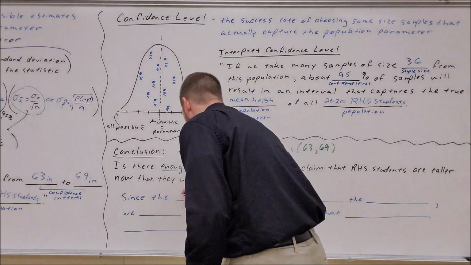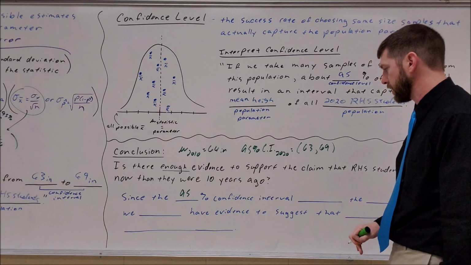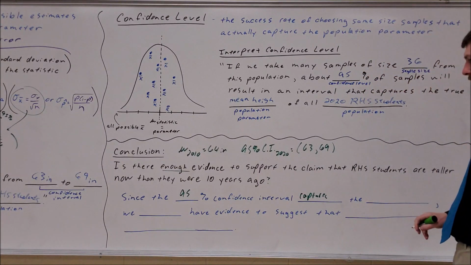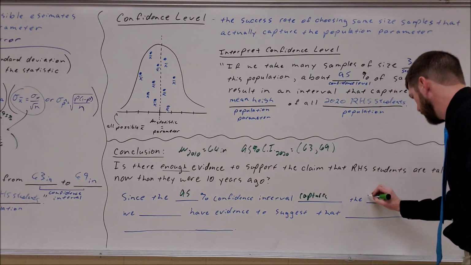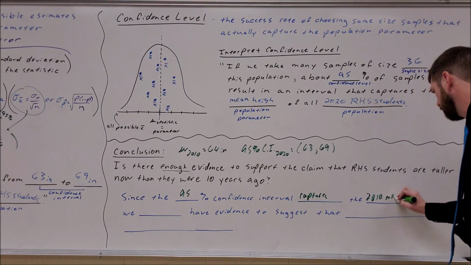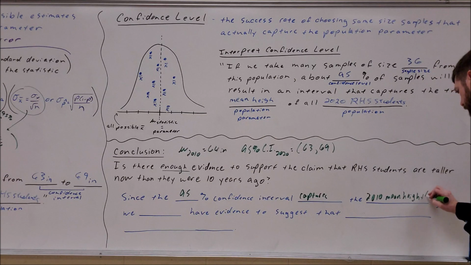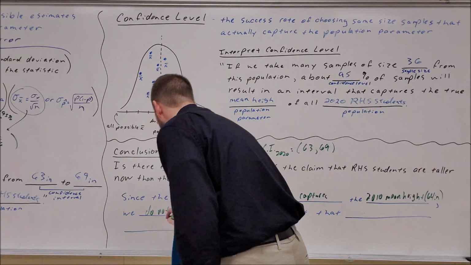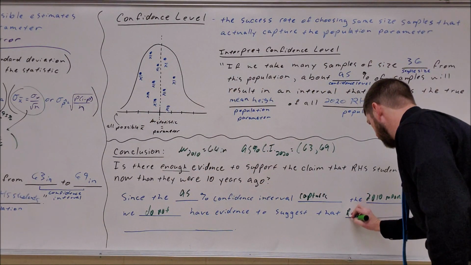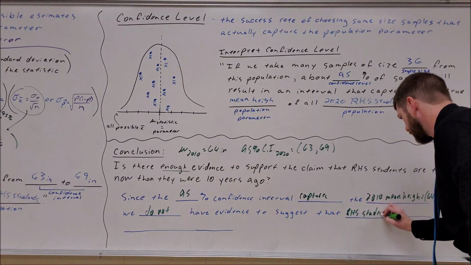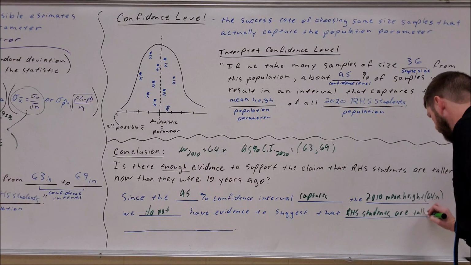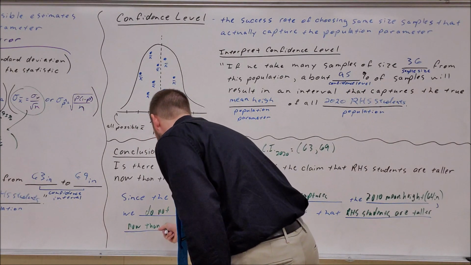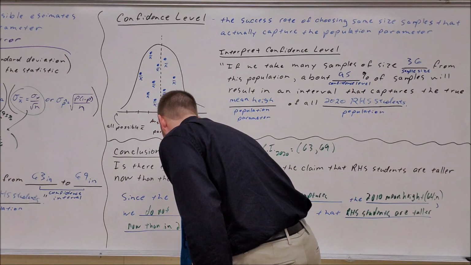If we go through an answer, we want to answer with this phrase: Since the 95% confidence interval captures the 2010 mean height of 64 inches, we do not have evidence to suggest that RHS students are taller now than in 2010.